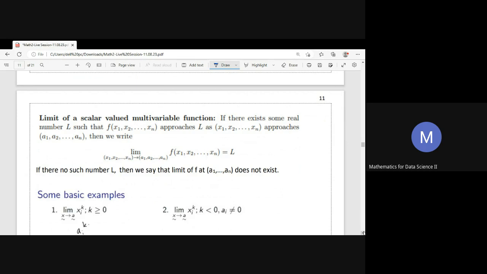Okay. So limit of a scalar valued multivariable function.